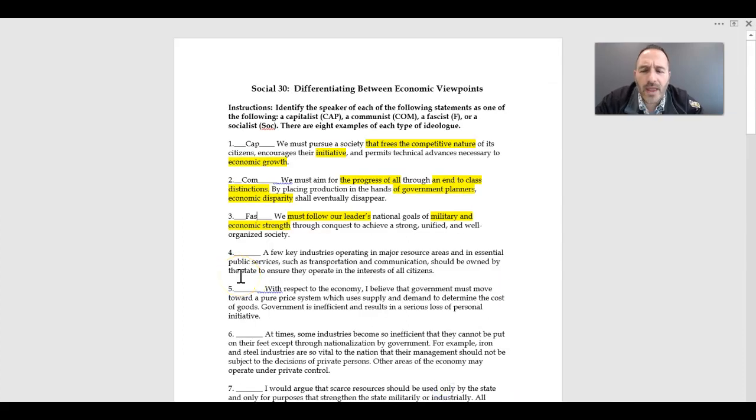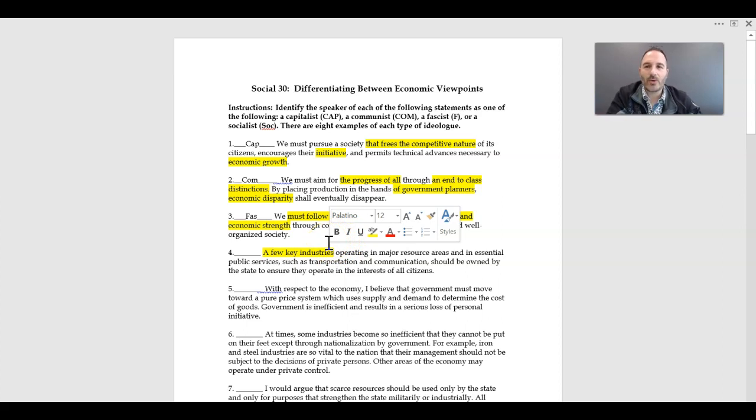All right, number 4. Few key industries operate in major resource areas and in essential public services such as transportation and communication should be owned by the state to ensure that they operate in the interest of all citizens. So it says a few key industries. Now, does that say all? No, it says a few. Now, state ownership means leftist ideology.